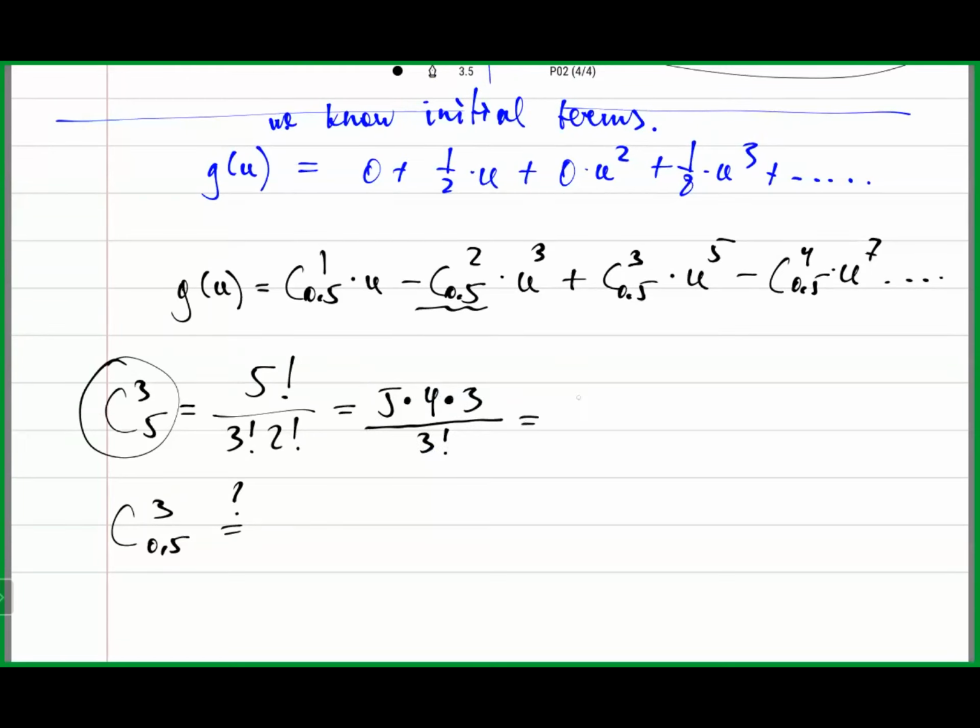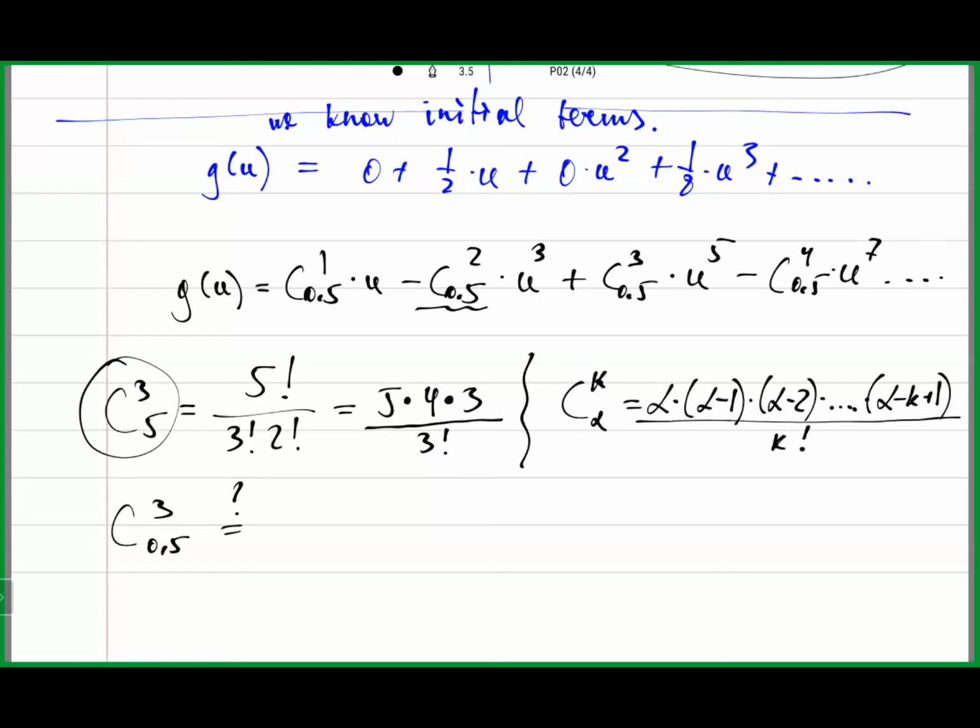Or you may say, in the general case, C alpha power k is alpha times (alpha minus 1) times (alpha minus 2) times and so on, times (alpha minus k plus 1), divided by k factorial. You may write the formula like this, and you may apply it here.